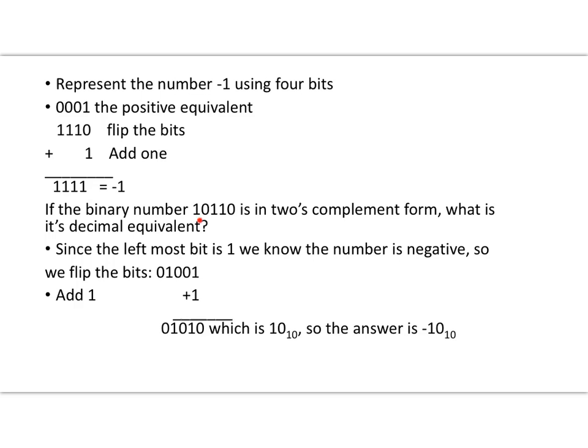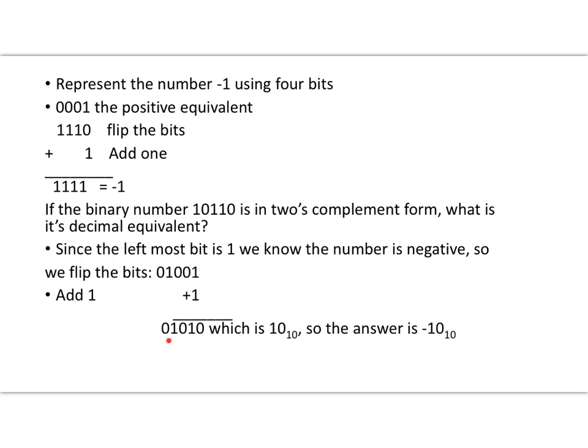Okay, so in this case, of course it is, and so therefore we flip these bits, and when we do that, we get 01001, and then we add 1, and 1 plus 1 is 0, carry the 1, 01010.